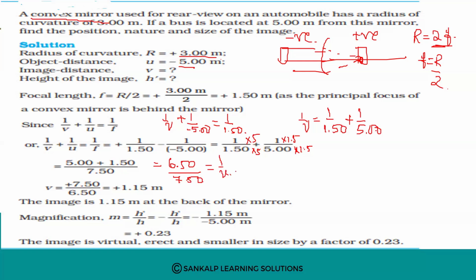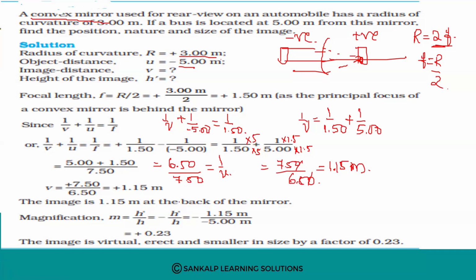Then what is the value of V? V means take the reciprocal: 7.50 divided by 6.50, that is 1.15 meter. The image is 1.15 meter at the back of the mirror. Then magnification: the image is at the back side of the mirror, so this is positive.